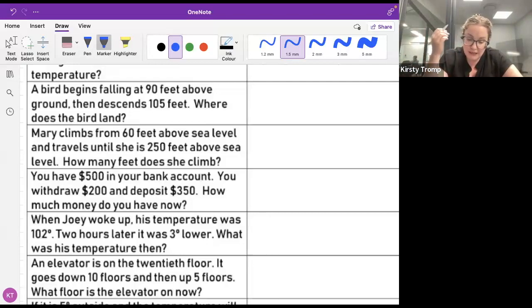So a bird begins falling at 90 feet above the ground. He then descends 105 feet. Where does the bird land? That's actually a really tough one, I can tell you that.